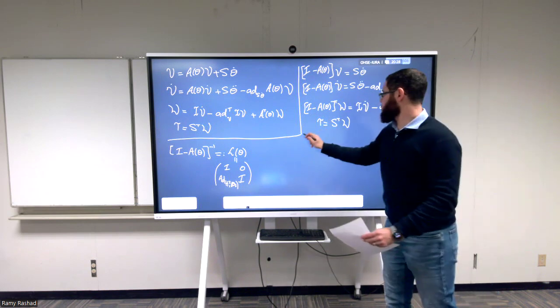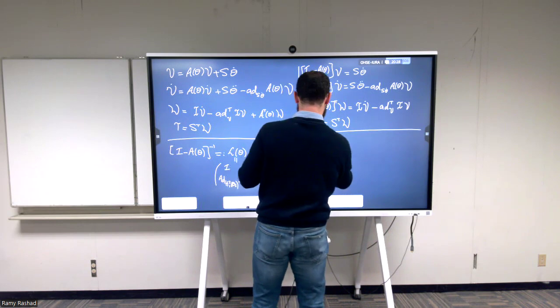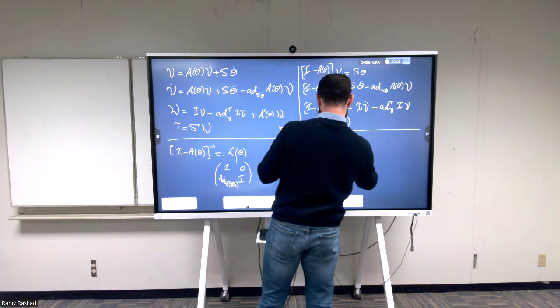So the expression on the top, in the end, we can write it as V is equal to L of theta S theta dot.